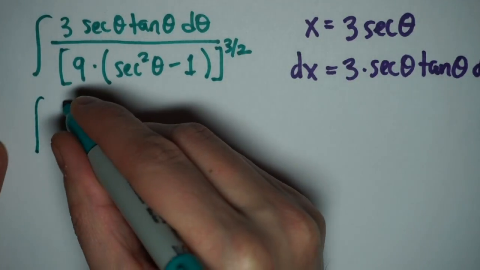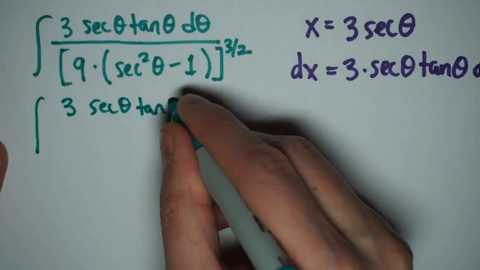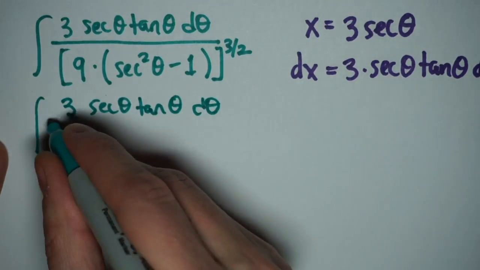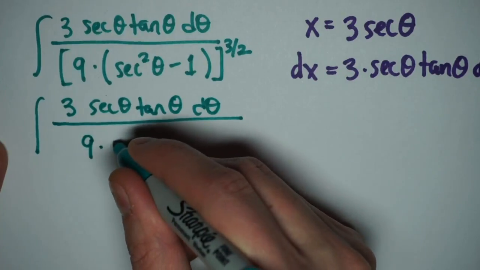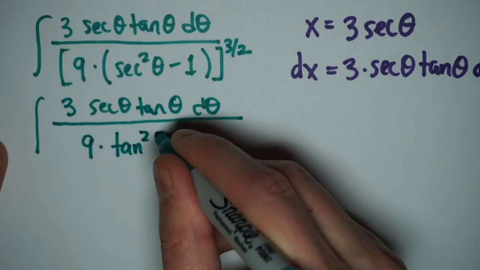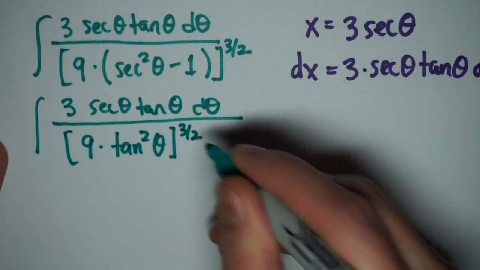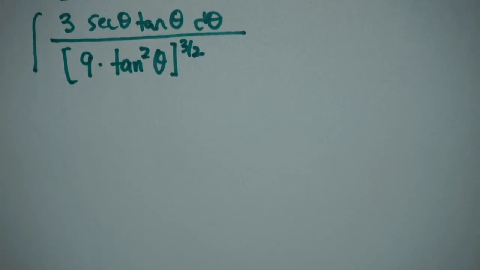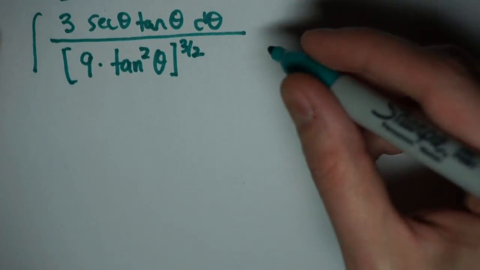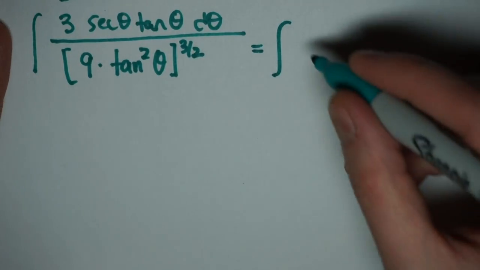So I have the integral of 3 secant theta tangent of theta d theta. In my denominator, I'm going to have 9 times tangent squared of theta, all raised to the 3/2 power. Tangent squared to the 3/2 will be tangent to the 3rd power. 9 to the 3/2 is going to be the square root of 9, which is 3, to the 3rd power, which is 27.